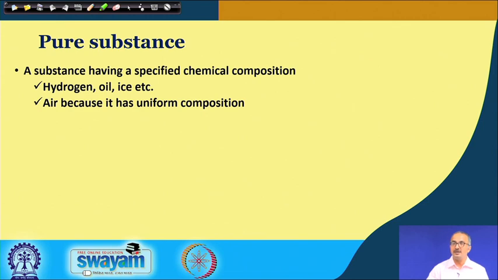Now, we come to another important concept, that is of pure substance. And pure substance is defined thermodynamically as a substance having a specified chemical composition. It must not be confused with a pure element. Okay. So, this particular pure substance may be a mixture, only thing is that it should have a specified chemical composition.